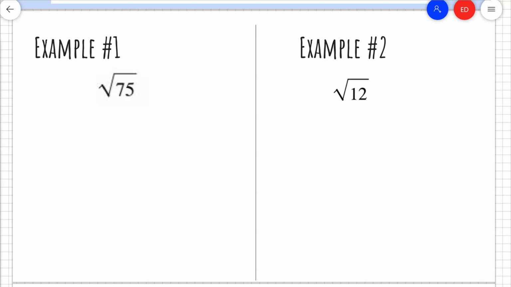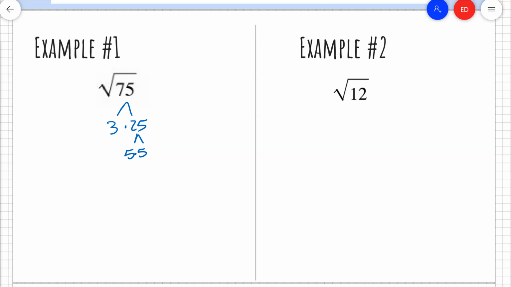Okay, so for example 1, we're going to break apart 75 as far as we can go. So 75 can factor out. When we're talking about factors, we're talking about multiplying. What are the factors of 75? In this case, it's 3 times 5 times 5, and these are 3 prime numbers. If I were to multiply them back out, that would give me 75.